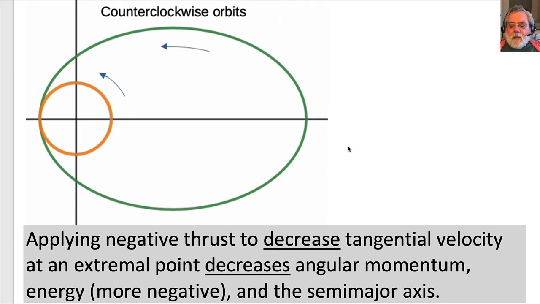If we apply negative thrust at the furthest point of an ellipse, apogee or aphelion, it will decrease the semi-major axis, resulting in a shorter ellipse.